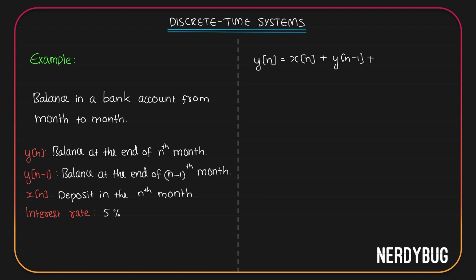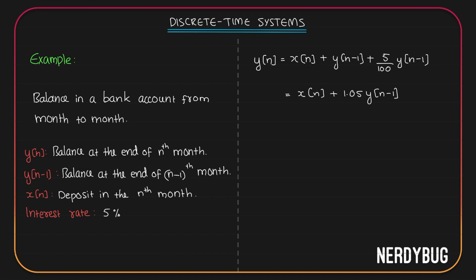So I'll get an extra 5% of my previous month balance. So the sum of all of these is going to be my current month's balance. Together we can write it like this. It's x of n plus 1.05 times y of n minus 1.